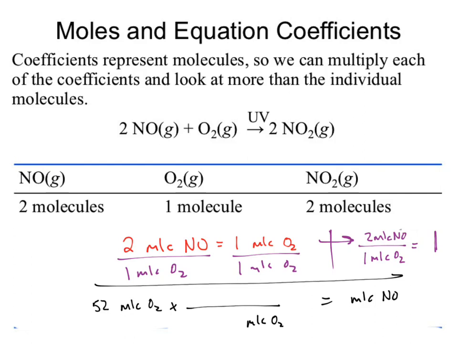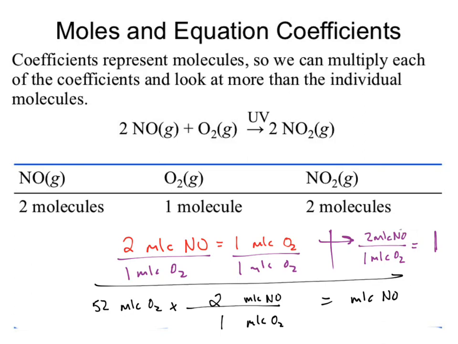What do I want in the numerator? Molecules of NO. What numbers should be associated with those? 1 for O2 and 2 molecules of NO. There's that expression. There it is. It just appeared.